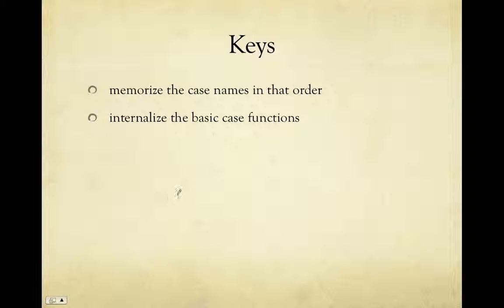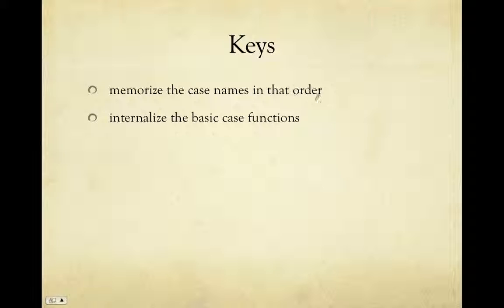Now, some keys to really being able to master nouns. First, memorize those case names in that order. You're going to be memorizing various case names. It's just good to know in what order they come. And then internalize the basic case functions.